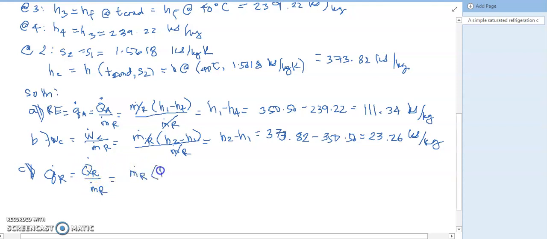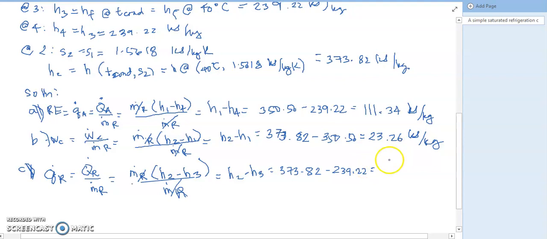So, that is MR times H2 minus H3 all over mass ng refrigerant. Cancelled out to, mga kapatid. So, we have H2 minus H3. Technically, this is 373.82 minus 239.22. So, we have heat rejected per kilogram mass is 134.6 kilojoules per kilogram mass.